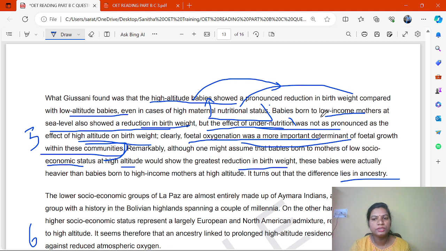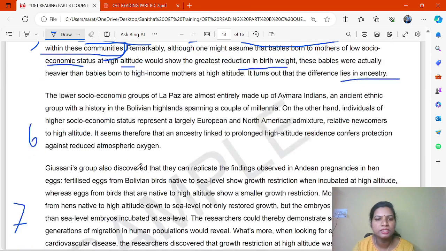Babies born to low income mothers at sea level also showed a reduction in birth weight, but the effect of undernutrition was not as pronounced as the effect of high altitude on birth weight. Clearly, fetal oxygenation was a more important determinant of fetal growth within these communities.